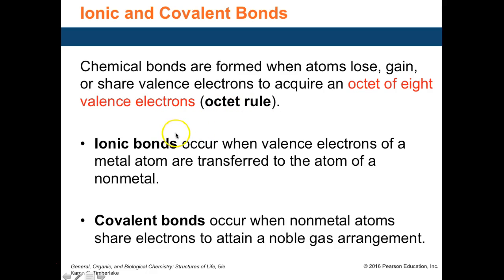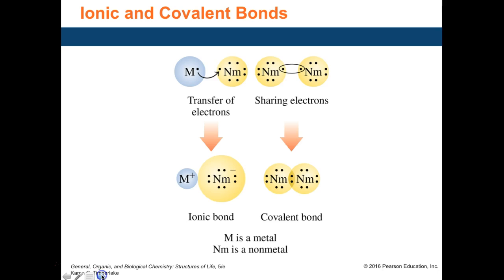Ionic bonds occur when the valence electrons of a metal are transferred to a non-metal, whereas in covalent bonds, two or more non-metals share electrons and attain the octet. So the octet rule holds true whether it's an ionic bond or a covalent bond.